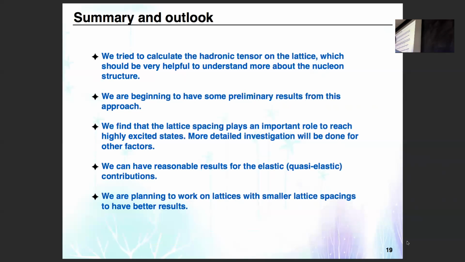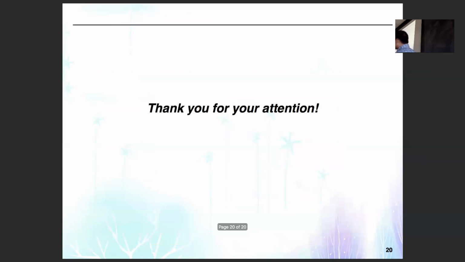More detailed investigation will be done for other factors as well. Although we don't have very reliable results in the DIS region, we can have reasonable results for elastic or quasi-elastic contributions, which are also very important. And we are planning to work on lattices with smaller lattice spacings to have better results. Thank you very much.